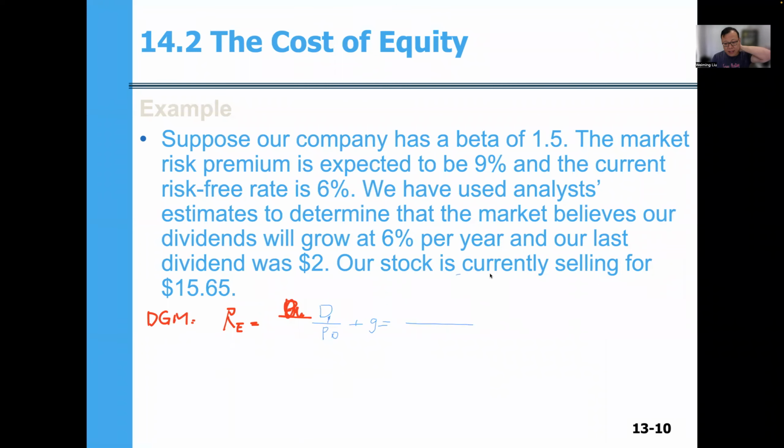What's the current price? Our stock is currently selling for 15.65. And what's my D1? D1 is the dividend a year after, right? So our last dividend was $2, so this is D0 equals 2, right?